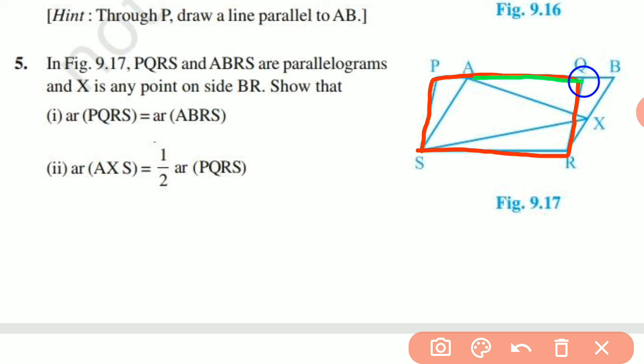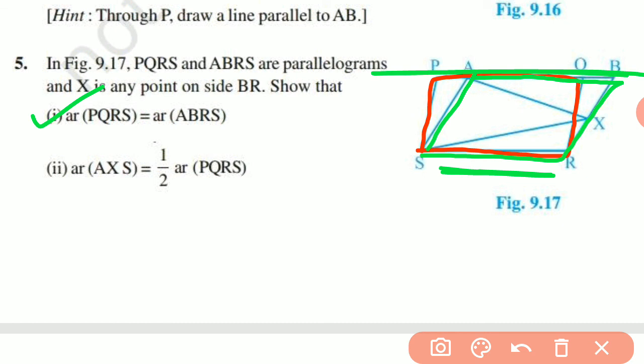This is A, B, R and S. This is the second parallelogram. These two parallelograms are on the same base and between the same parallels. So this first part will be proved. These two parallelograms are on the same base SR, and between the same parallels, so their areas will be equal.